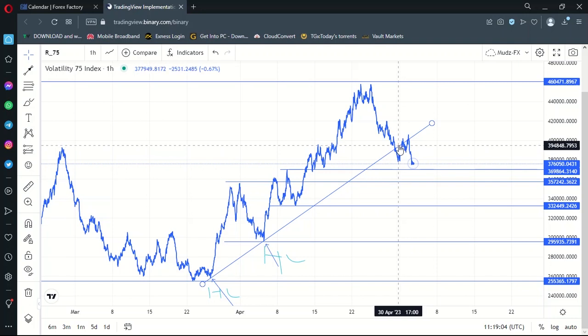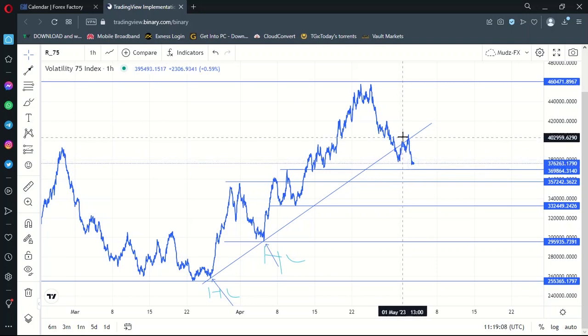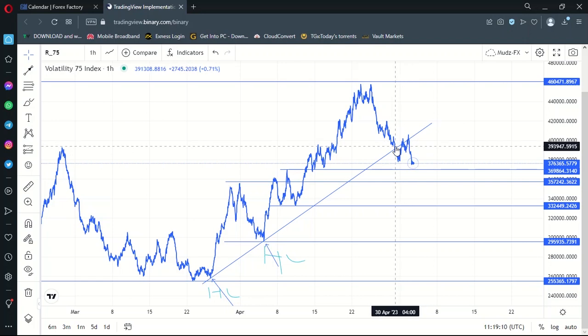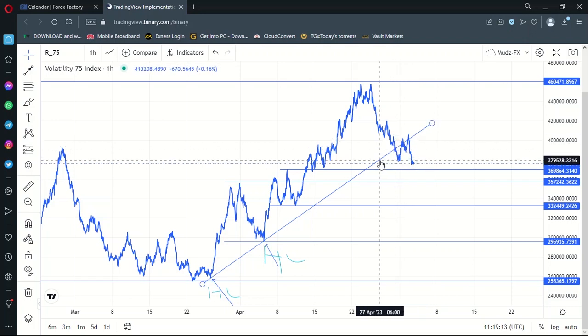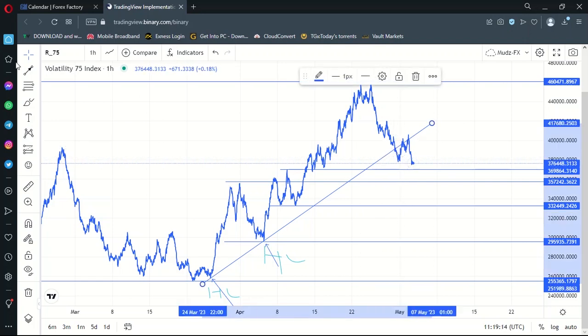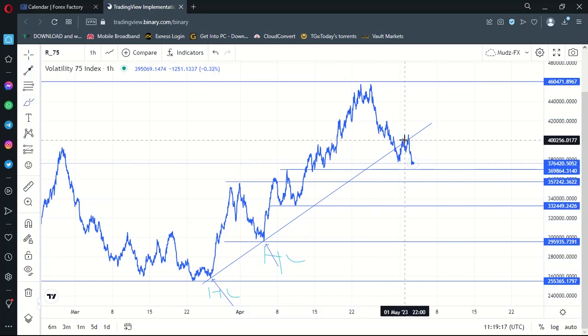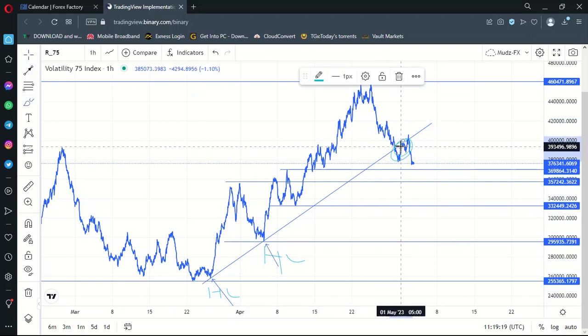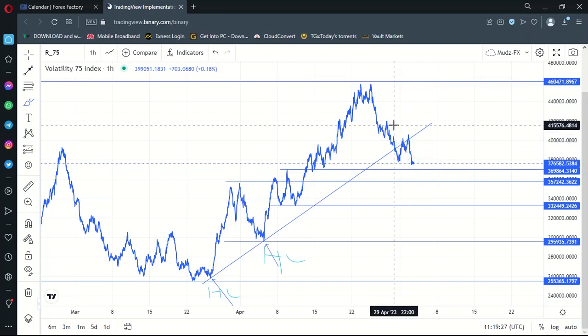Then it made a double top outside the trend line. So as for me, I consider that a breakout and retest. Right now the chart is telling me to sell, but I won't just sell, I have to confirm.